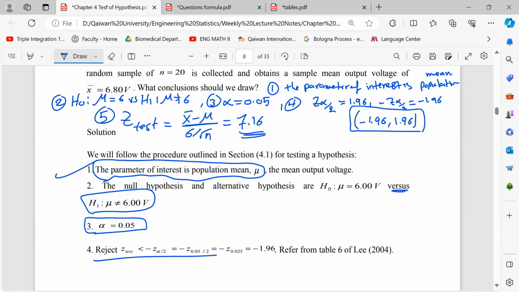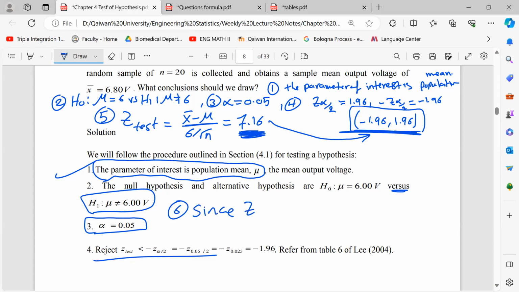What's this? This is 7.16, and this is from minus 1.96 to 1.96. Is this value in this interval or not? It's not.